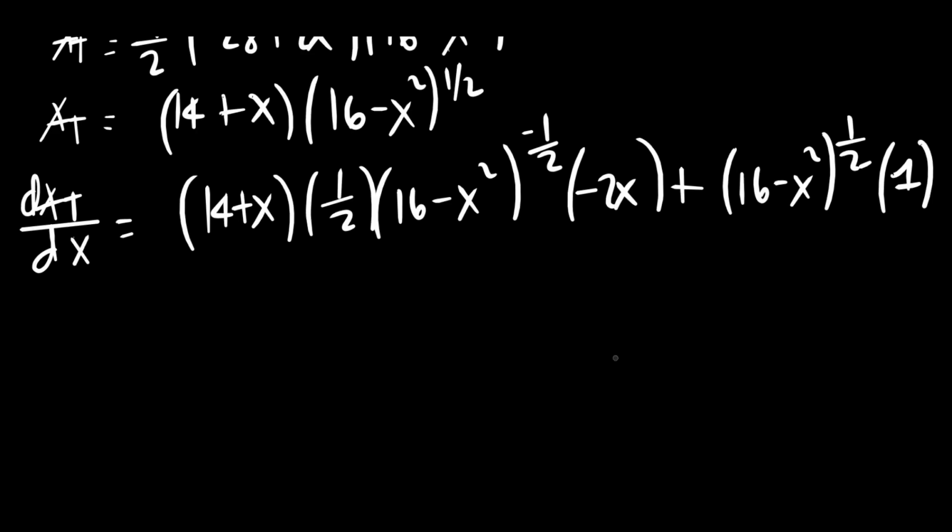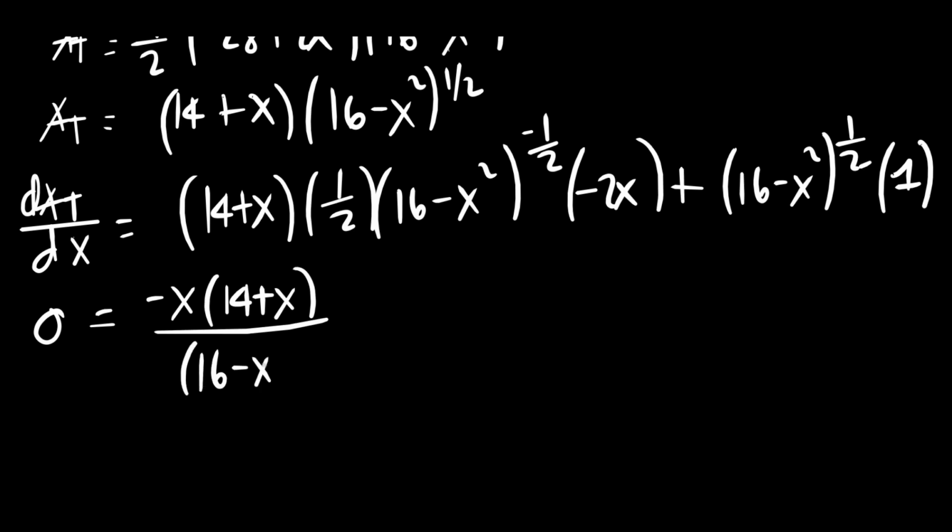After that, we have 0 is equal to negative x multiplied by 14 plus x all over 16 minus x squared raised to the power of 1 half plus 16 minus x squared raised to the power of 1 half.